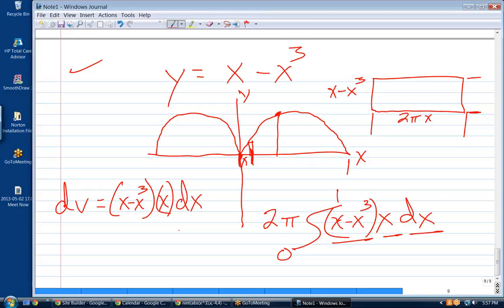There's the differential equation that describes the volume of each shell. And then I get the total volume of all of them by integrating both sides like this. The left side gives me volume, the right side gives me the total volume of all the shells.